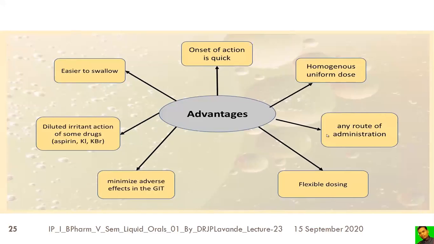The irritant actions of some drugs, like aspirin, potassium iodide, and potassium bromide, are highly irritant, and their action can be diluted and made mild with the help of the solution dosage form.